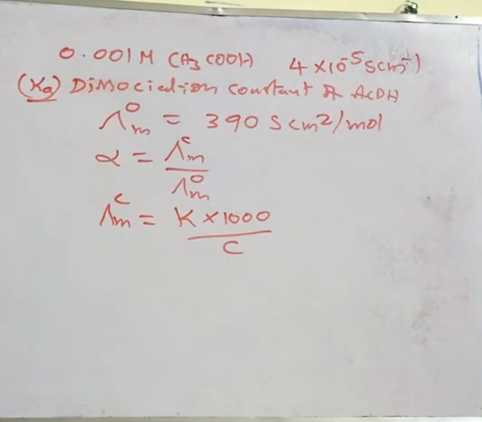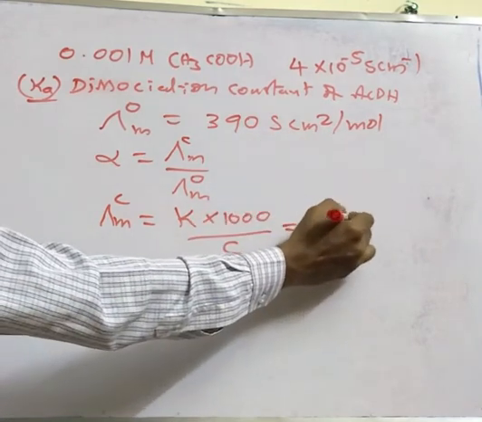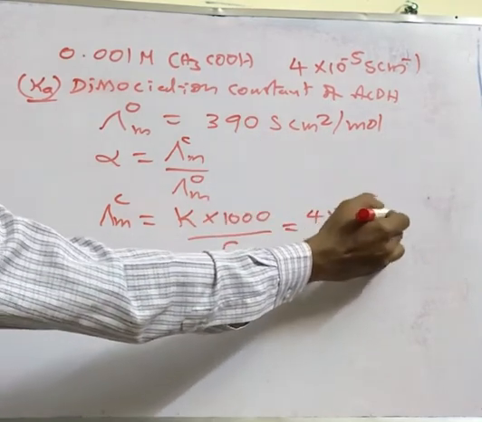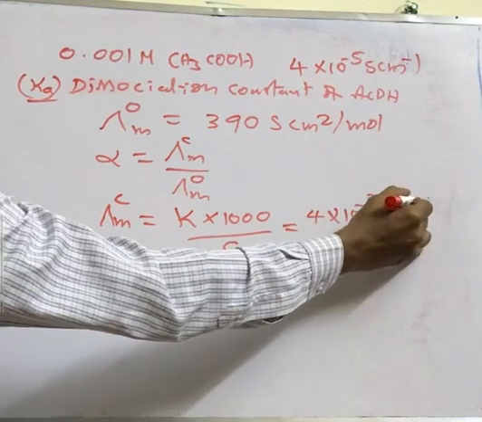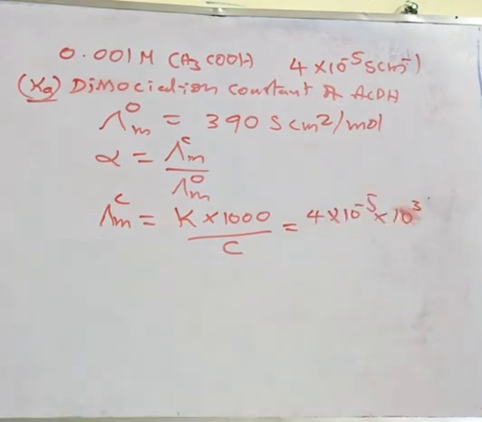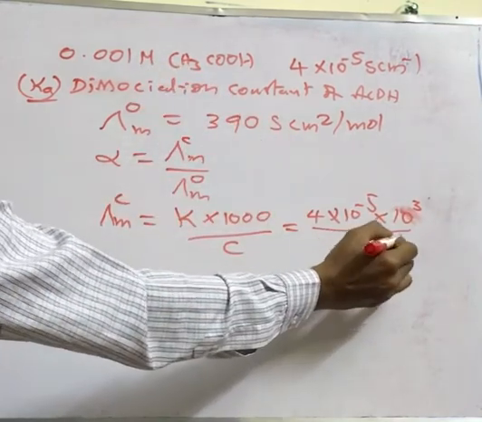So first we will get lambda mc, that is equal to K into 1000 by C. K equal to how much? 4 into 10 power minus 5 into 1000, that is 10 power 3, sorry, by C, which is 0.001.